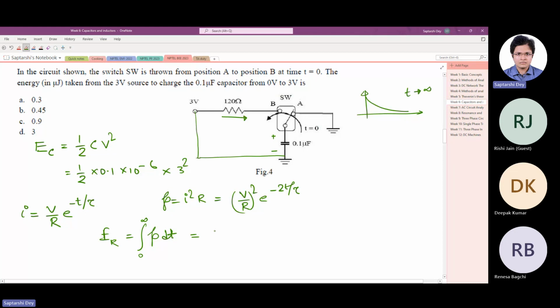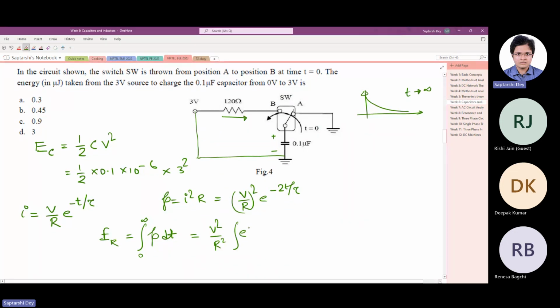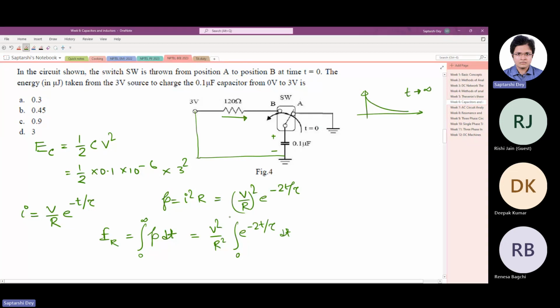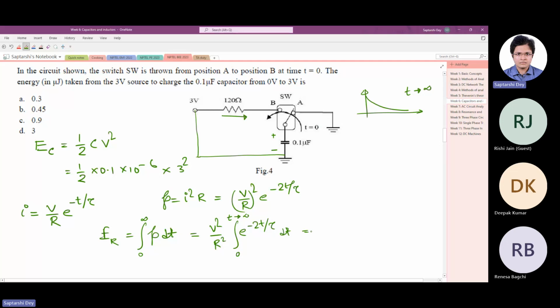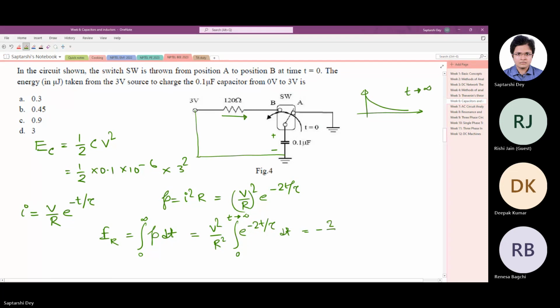So we have V squared by R squared comes out of the integration, and e to the power minus 2t by tau dt from 0 to, actually I should not write infinity like this, let's say t tends to infinity. Now it becomes minus. What happens in integration? The opposite thing comes out, right?